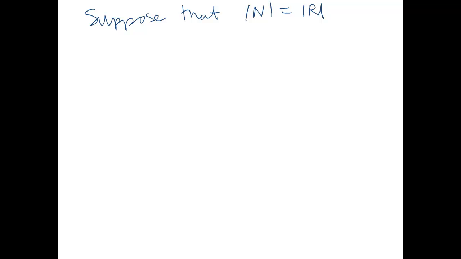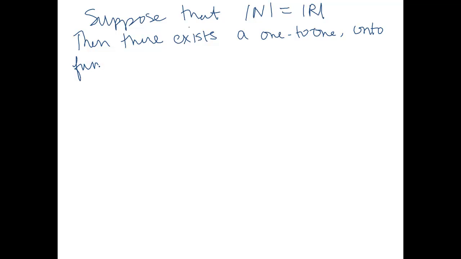This means that there exists a one-to-one onto function f that maps N to R.